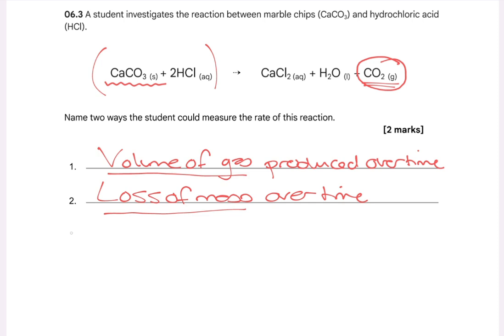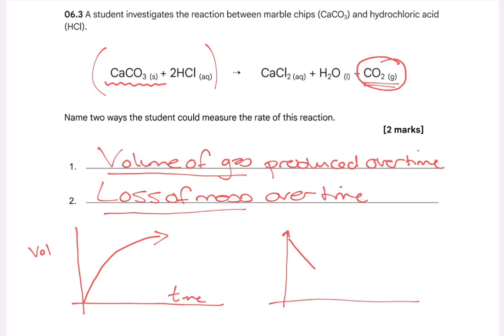So you could have then subsequently plotted graphs and things like that. So just while we're here, if we were plotting volume of gas, what we might expect to see is that the volume of gas would increase over time, whereas if we were plotting mass, we would expect that mass to decrease over time.